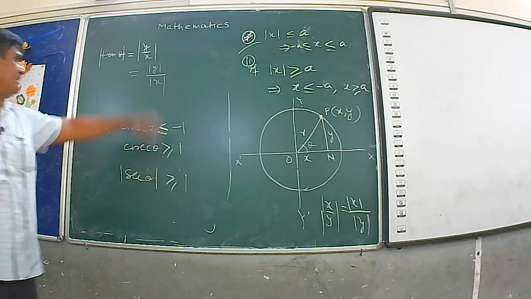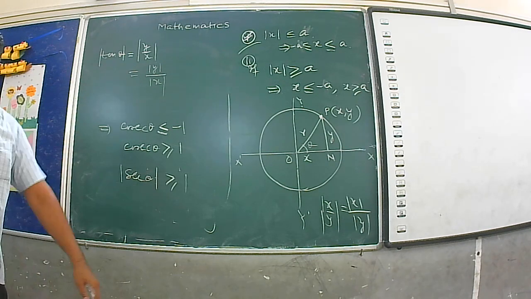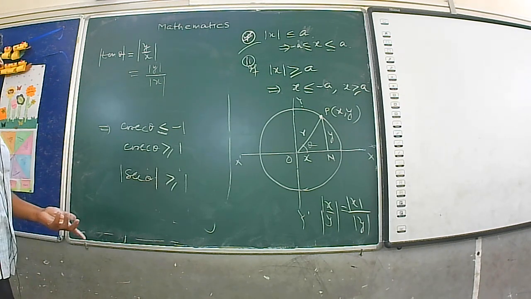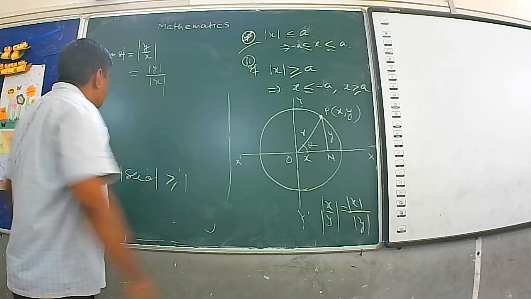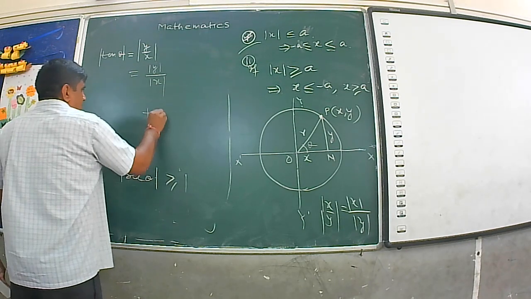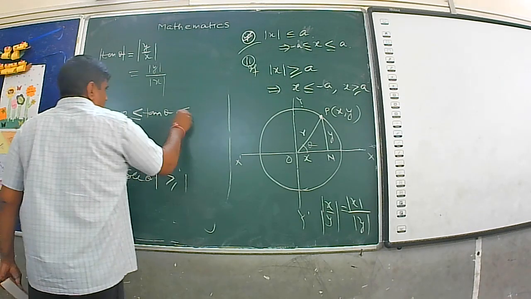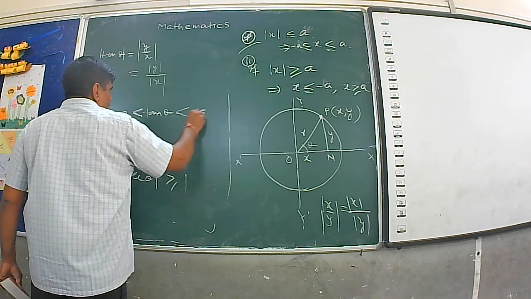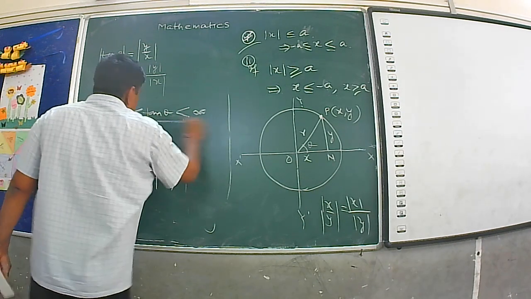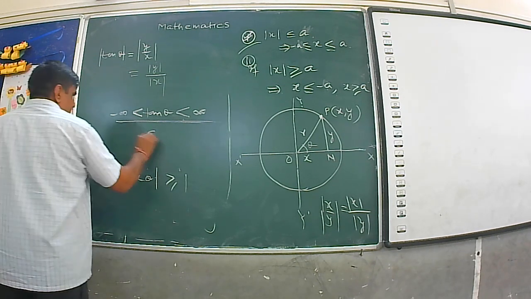This is a non-negative value. Therefore, tan theta lies between minus infinity to infinity. Similarly, cot theta.